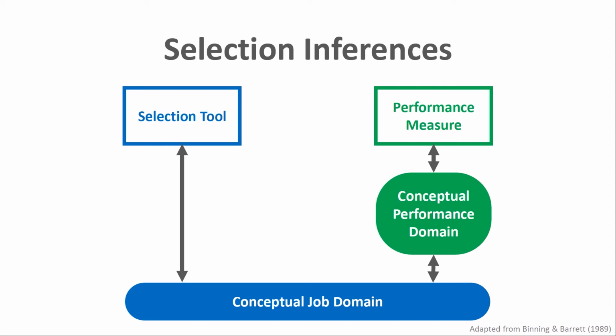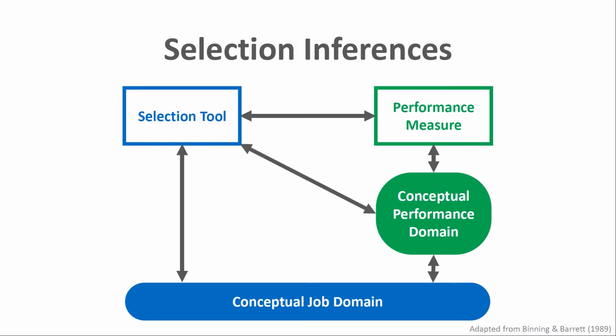Now, typically what we're looking at empirically would be the correlation between scores on a selection tool for a group of applicants, and then scores on a performance measure for that same group of people once they become employees. Or alternatively, we could pilot this by looking at just a current group of job incumbents or current employees and looking at the correlation between their scores on a selection tool and their performance measure.